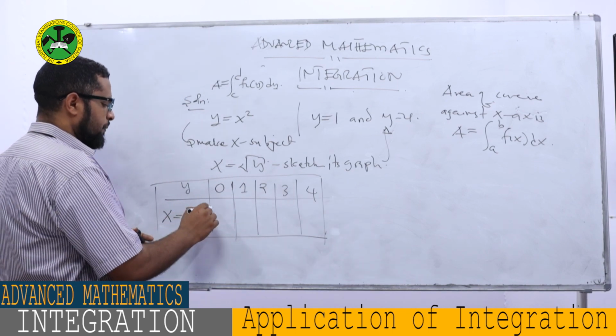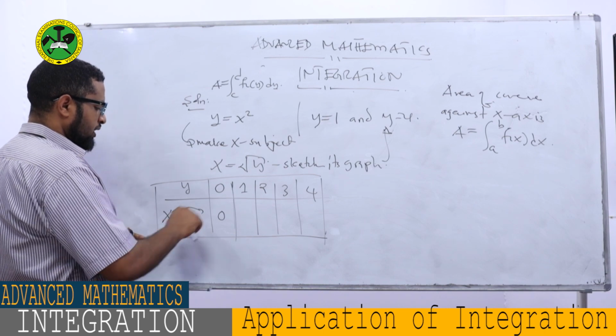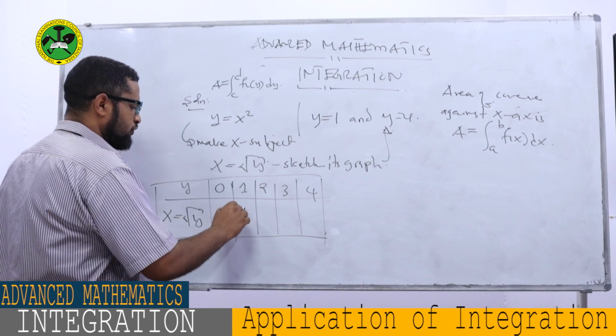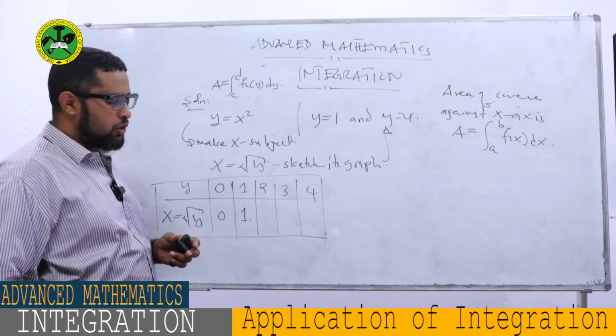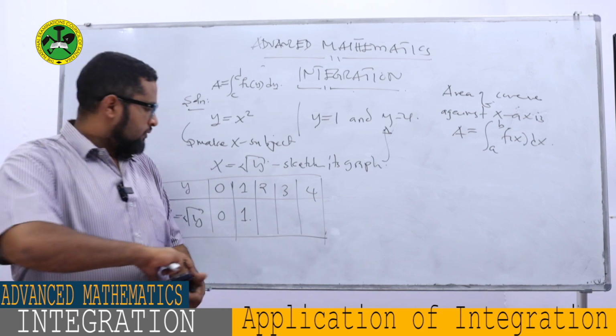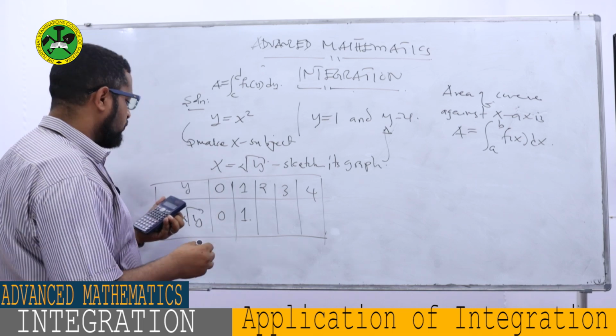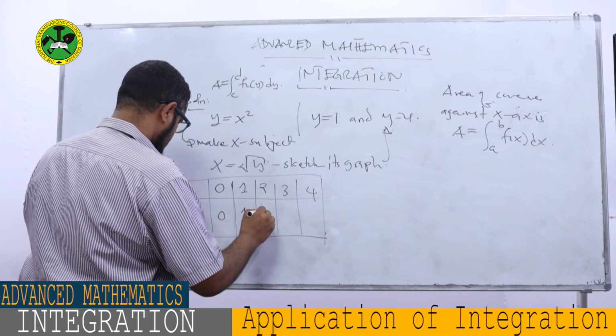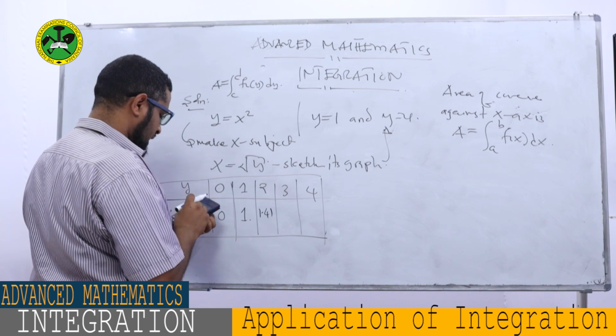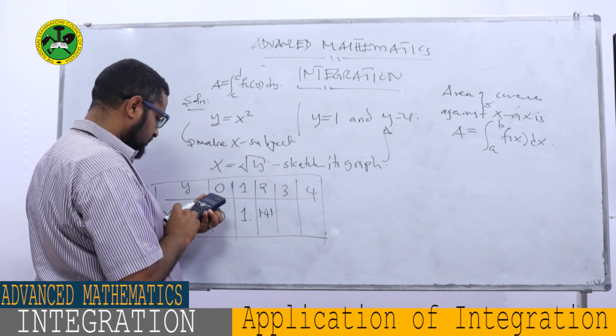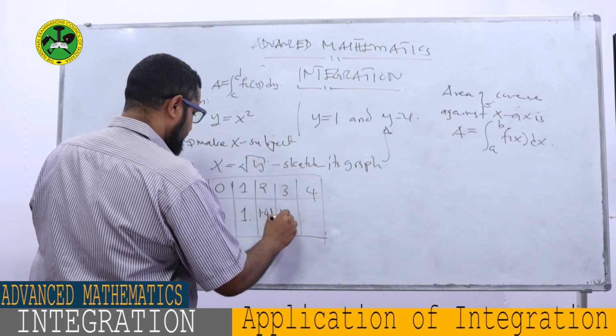So the root of 0 will be equal to 0. The root of 1 will be equal to 1. The root of 2, you can use your calculator. So the root of 2 is just 1.41. Again, the root of 3 is just 1.73.